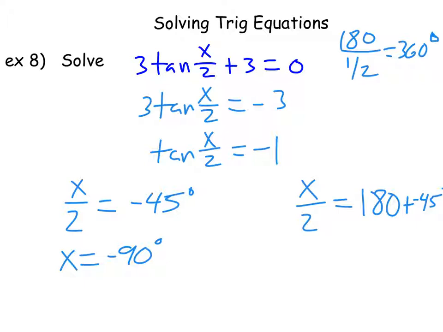I really don't. Over here, 180 minus 45 would be 135 times 2. And I get an answer of 270. Okay? That's between 0 and 360, so I like that number.